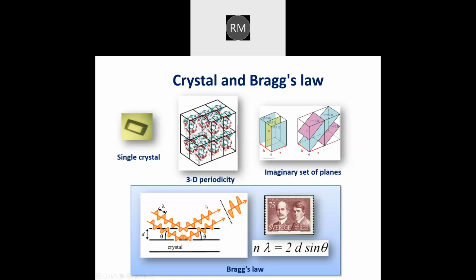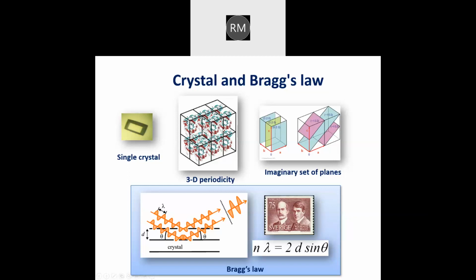If the angle theta is such that it corresponds to some integral value of the lambda, then you can get a Bragg spot, that is a diffraction spot. So you have a single crystal, you have the periodicity in them, and you have a set of imaginary planes cutting this lattice.